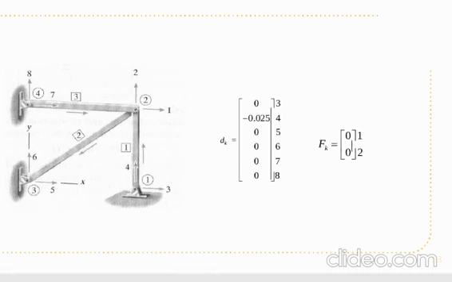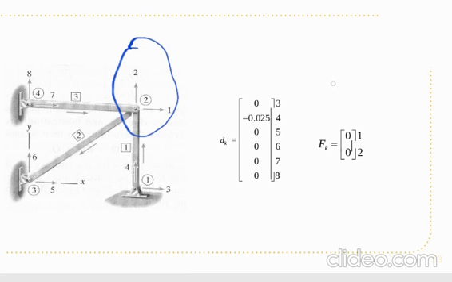Here we take a free joint, number 2, equal 0, 0, because we don't have any applied force in joint number 2.